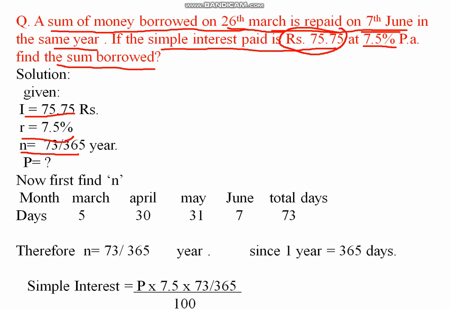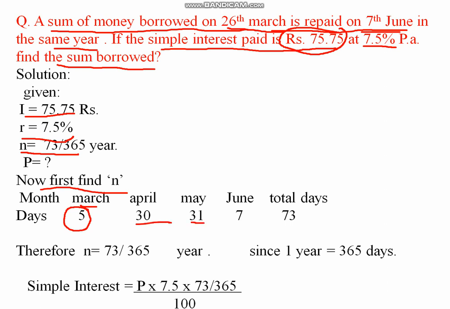How 73? See here, value of N. The month is March, so from 26th to 31st March. There are 31 days in March, so there are 5 days in March. In April there are 30 days.